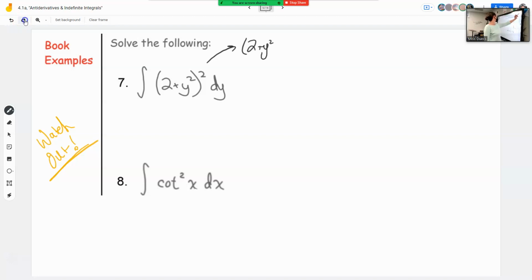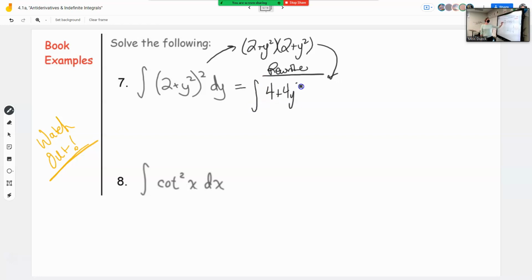But wait a minute. Just because there is no product rule doesn't mean that maybe I shouldn't think of foiling to rewrite it. I can't integrate with the product rule, but I can multiply the product. I end up with 4 plus 4y squared plus y to the 4th. Question.